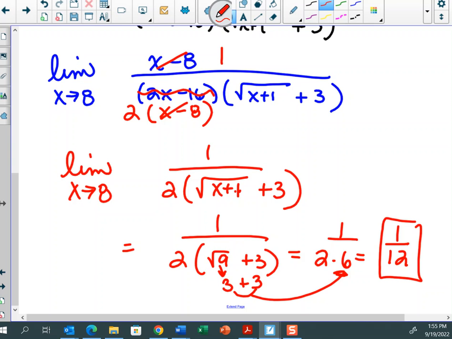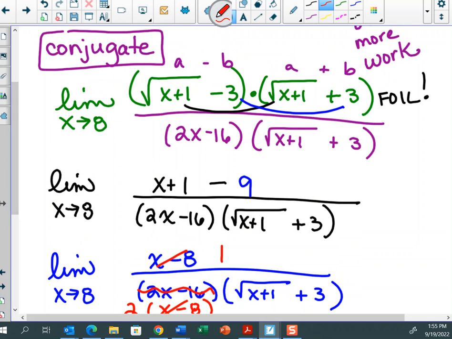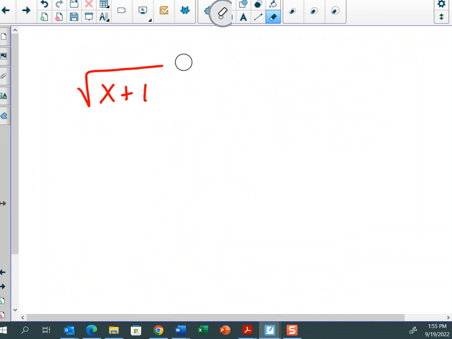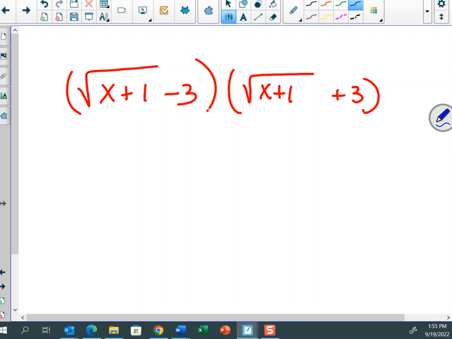Up at the top? Up in the numerator or down in the denominator? Up in the numerator. Okay. So when I take this, minus 3, when I take that and I multiply it by its conjugate, here's what happens.